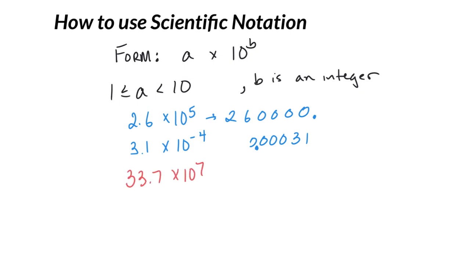That's incorrect because that base number right here is bigger than 10. This is an incorrect writing. We'd rather move this decimal like this to be 3.37 times 10 to something.